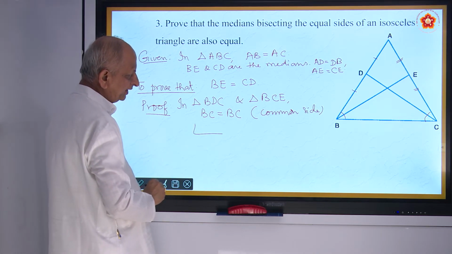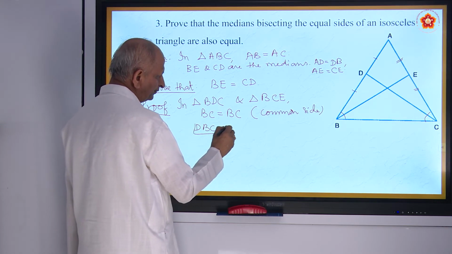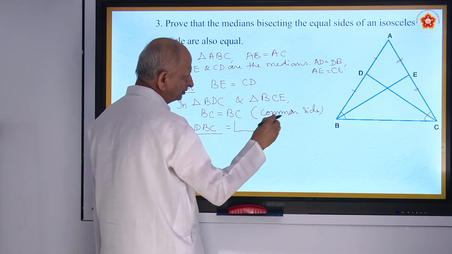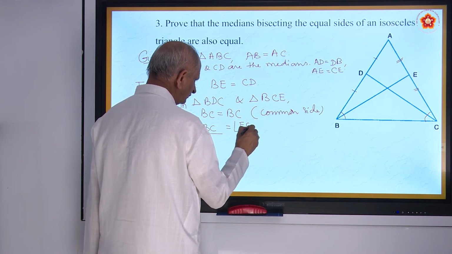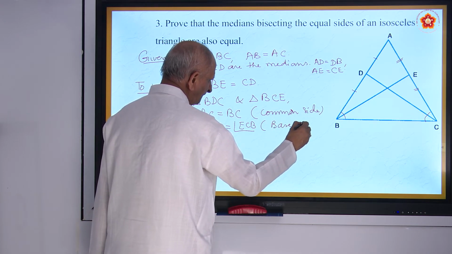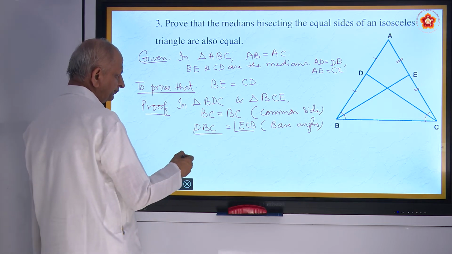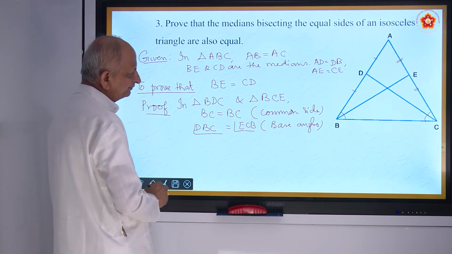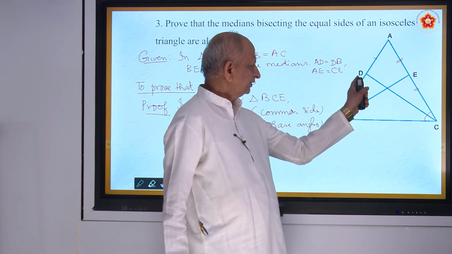What are the names of the base angles? DBC is equal to ECB, that is base angles. So base angles are equal. And one more point is, they are given that these are the medians.